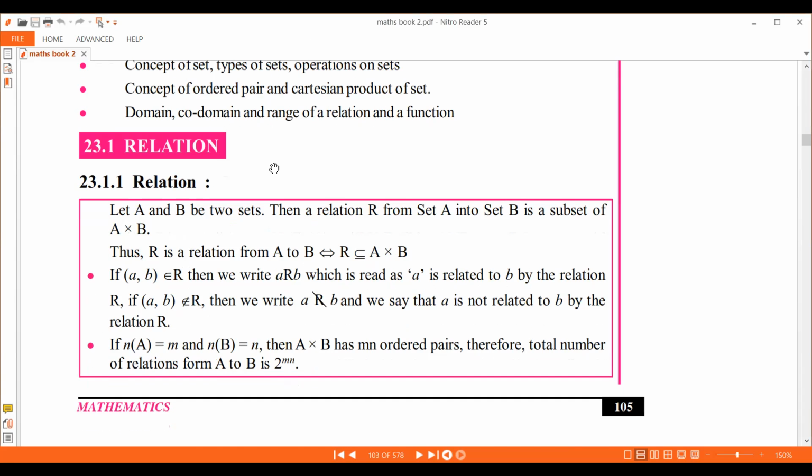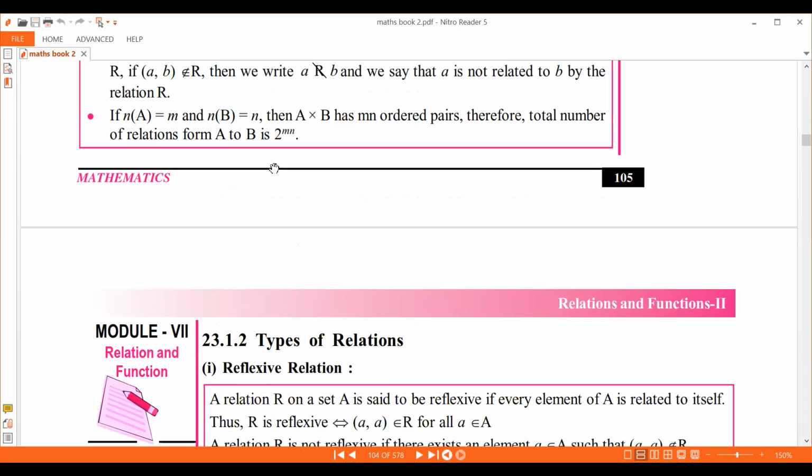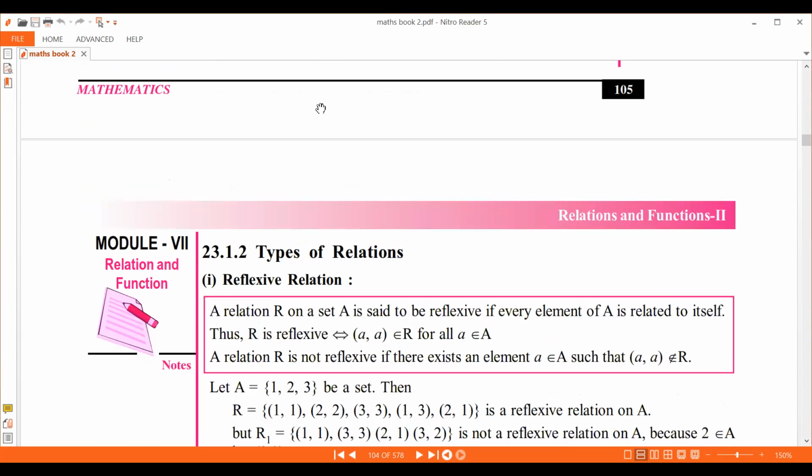Suppose you have the set A containing so many ordered pairs like (x0, y0), (x1, y1), and so on. Of course, there are mn ordered pairs.